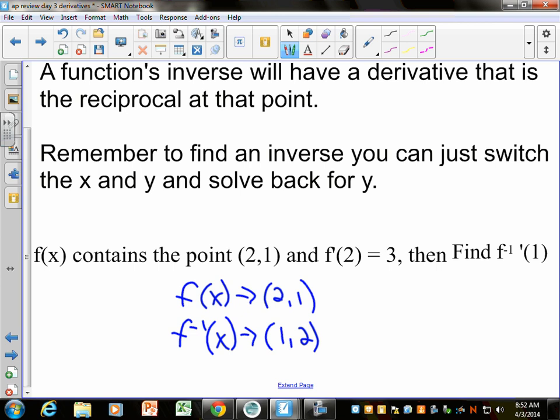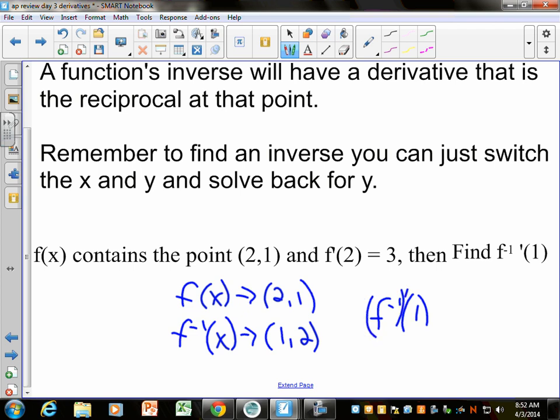So notice that I'm asking you to find the derivative at 1, and you might say, well, how can I find the derivative at 1 when they give me the derivative at 2? Well, it's because you have to switch the x and the y. So the derivative at 1, I struggle writing this. Where do I write this prime?